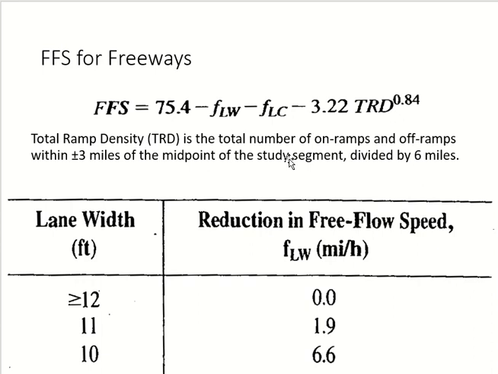So I will do the same thing for lane width. And what is FLC? FLC is factor for what? Lateral clearance. Okay. So I will do the same thing with lateral clearance as well.